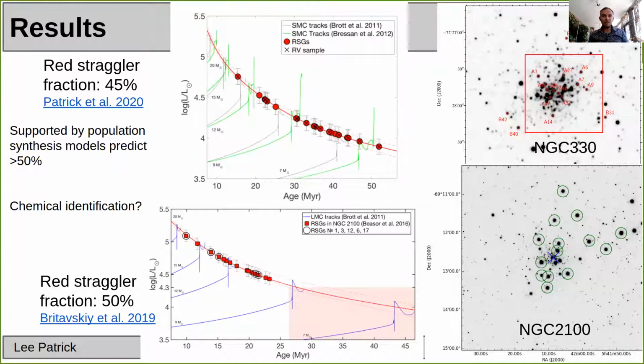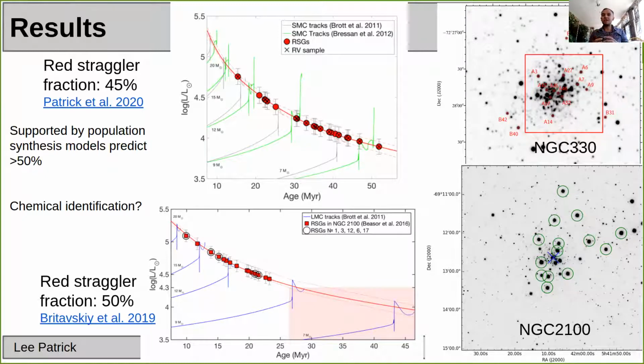That's exactly what we find when we study the luminosity distribution of red supergiants in these clusters. By converting the luminosities that we determine into ages, we find what we call an age spread. This age spread is too large to be interpreted as a single age, which one would expect from a coeval cluster.